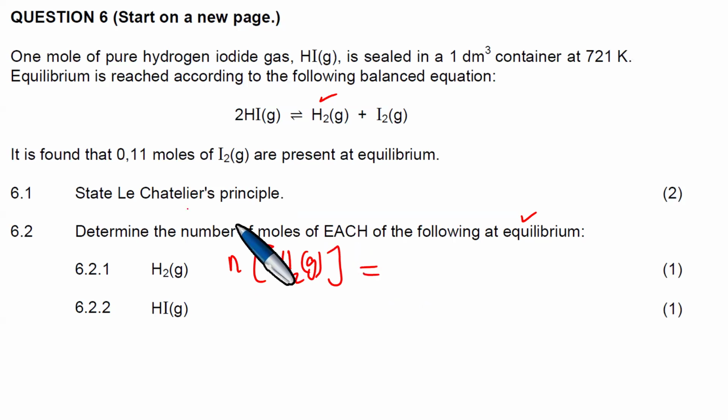It is found that 0.11 moles of iodine are present at equilibrium. So for iodine it is 0.11 moles.